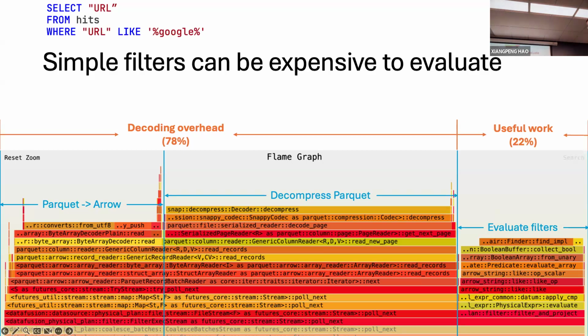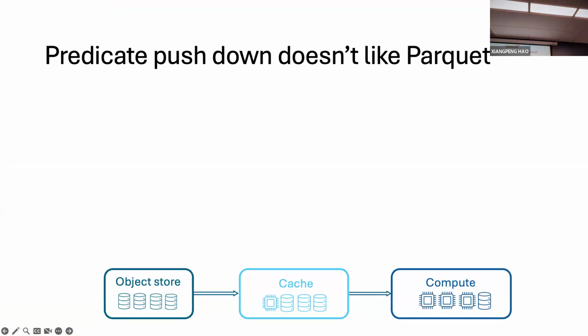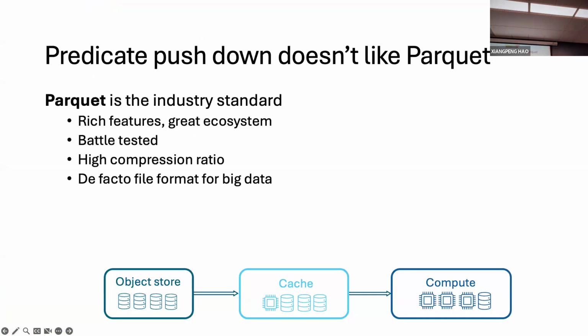And that is the elephant in the room. So that's how we should optimize our system, right? Predicate pushdown doesn't like Parquet, but everyone else loves Parquet. Parquet is the industry standard. It has rich features and great ecosystems.